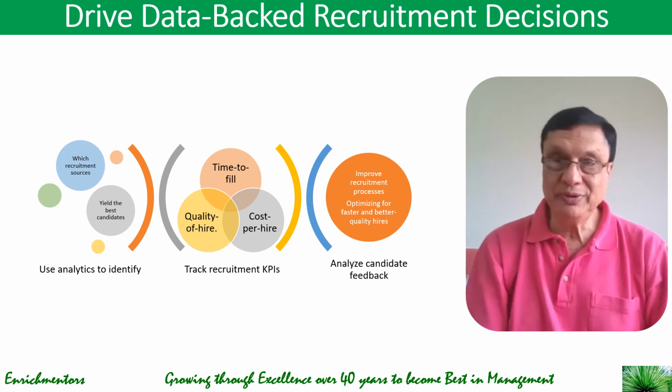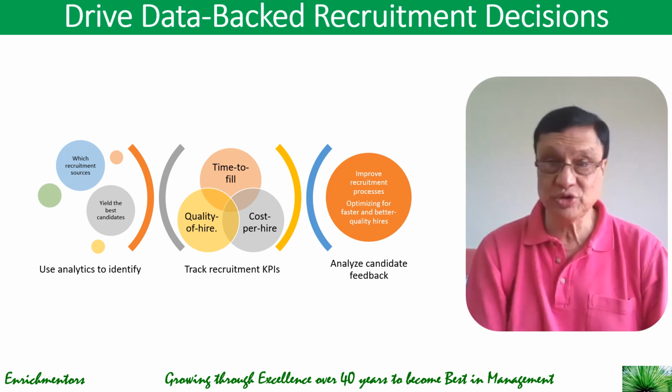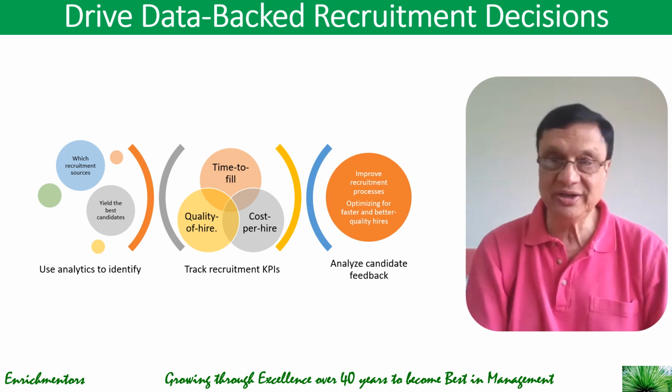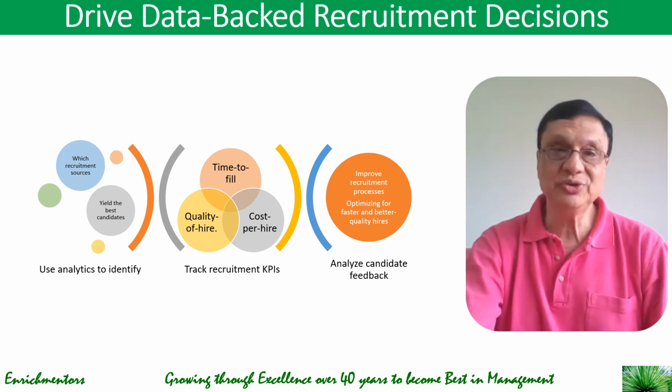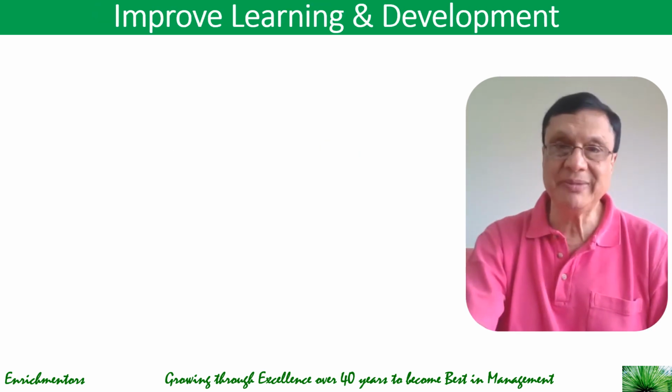To give you an example, your data might reveal that candidates sourced through LinkedIn have higher success rates compared to job boards. And that, if you are following job boards, not LinkedIn, can prompt a shift in the sourcing strategy, right? So that's how you can make a data-backed recruitment decision. Then you can improve learning and development by using data-backed decisions.